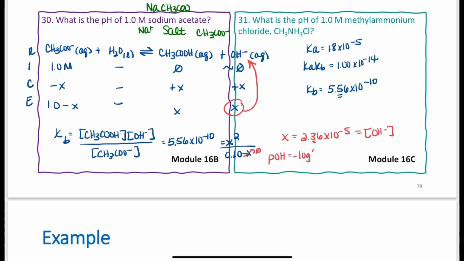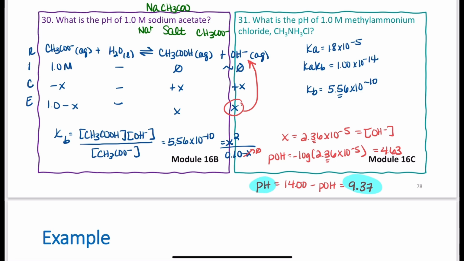pOH is the negative log of 2.36 × 10⁻⁵. I need 2 sig figs, so I need 2 decimal places: 4.63. pH plus pOH equals 14, so the pH is equal to 14.00 minus pOH, a value of 9.37.